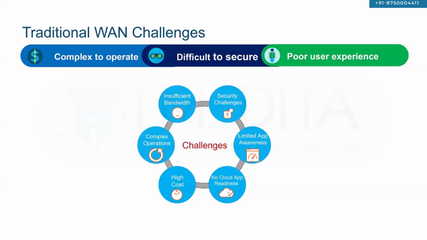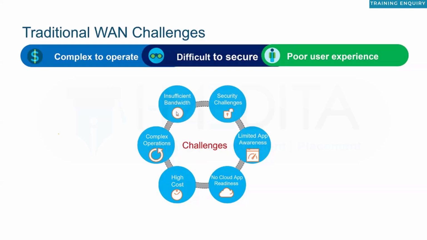With the traditional WAN, where you had your normal Cisco routers, those routers never had readiness for cloud applications like SaaS-based applications, for example Office 365 or Salesforce. The cost was high, as I told you yesterday. The MPLS cost was really high, and it was complex to operate that network. You needed more people to handle your network, right?